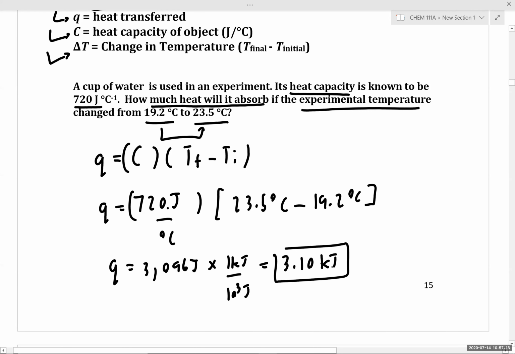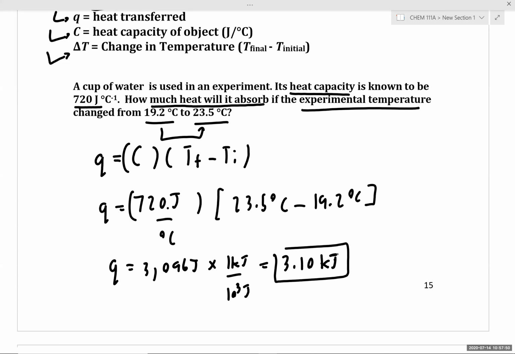So we would need to absorb about 3 kilojoules of energy to change the temperature of our sample from 19.2 to 23.5 degrees Celsius. Does this example make sense to everyone? Does this example make sense on how to calculate heat absorbed or released by a sample based on the change in temperature and heat capacity of that sample?